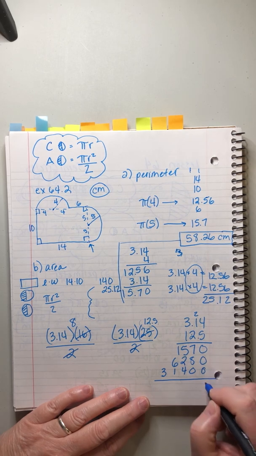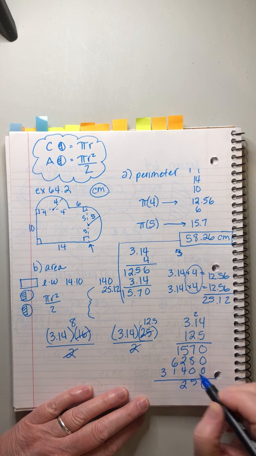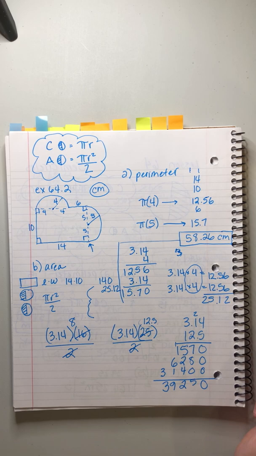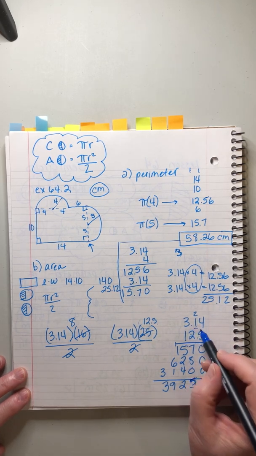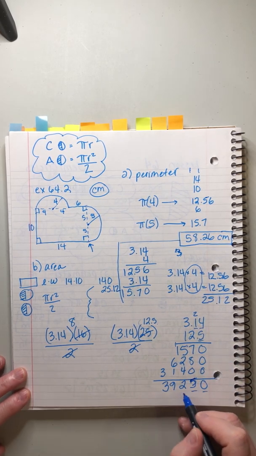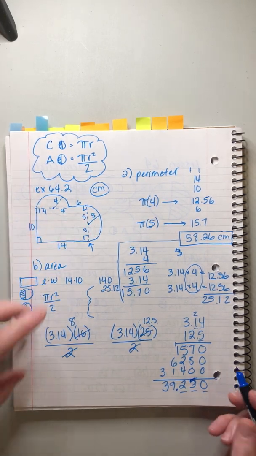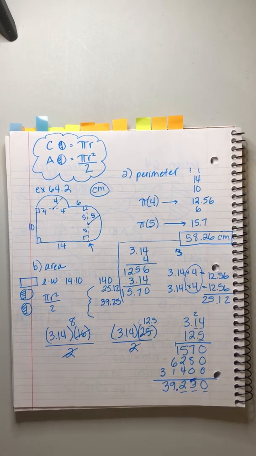Now we will add. And that's a 5. Let's count our decimal places. 1, 2, 3. 1, 2, 3. So that means the area of this semicircle goes there.